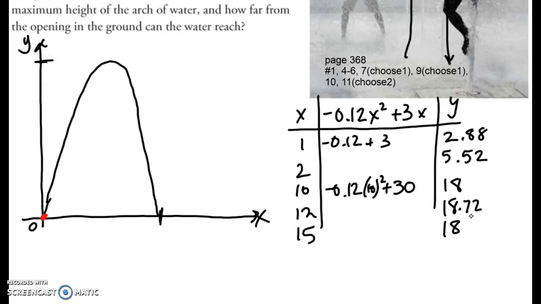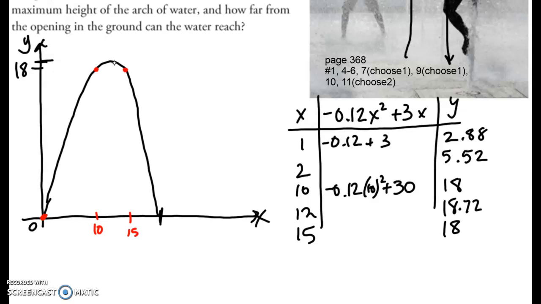So let's write this on our graph. I'm not exactly sure where, this might be 18 right here, very close to the top. And right here, that happens at 10. So when x is 10, y is 18. And also when x is 15, then y is 18.